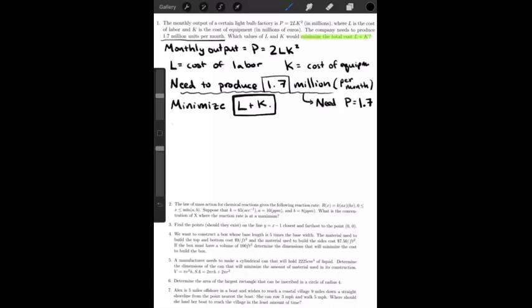So our constraints are going to come from the fact that we want 1.7 to equal 2 times L times K squared. So, now that we have an equation, not a function but an equation that has both L and K in it, we can solve for one of them. So which one do we want to solve for?